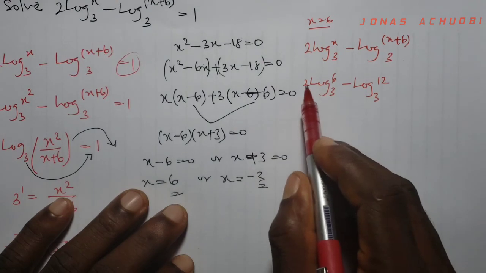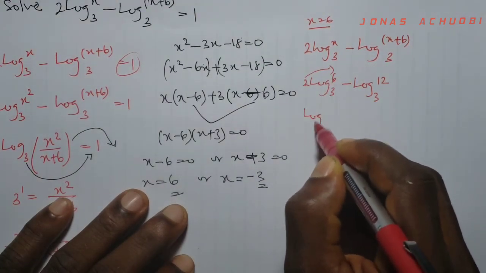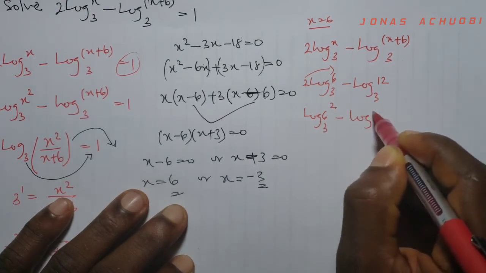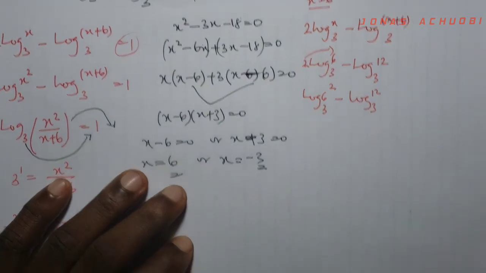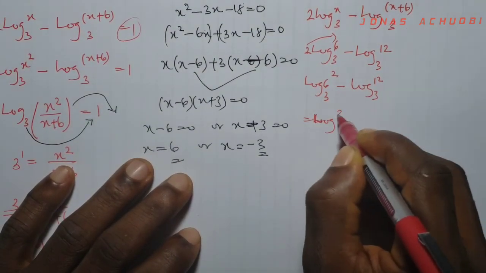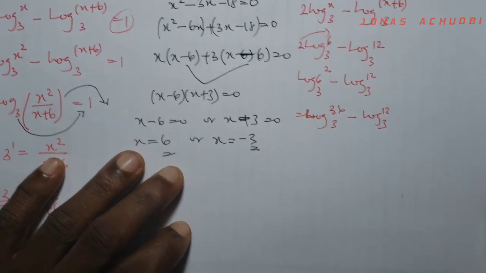I can take these two up by the power rule. So that becomes log 6 squared base 3 minus log 12 in base 3. 6 squared is 36, so that becomes the logarithm of 36 in base 3 minus log 12 in base 3.